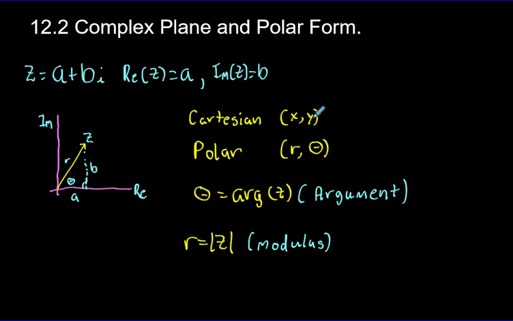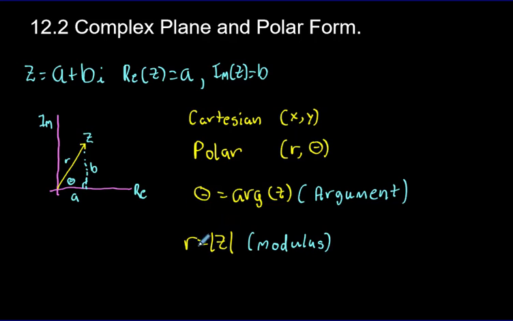We'd have a Cartesian point. But when we talk about polar coordinates, we're not going to represent it by how far we go over in x and how far we go over in y, or how far we go in the real axis and how far in the imaginary. We're going to talk about its magnitude, or its modulus, and the angle between them. The notation we use is theta, which is called the argument of z, and that's just the angle of the vector.